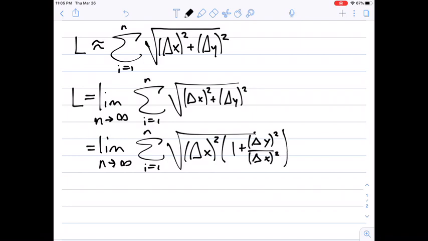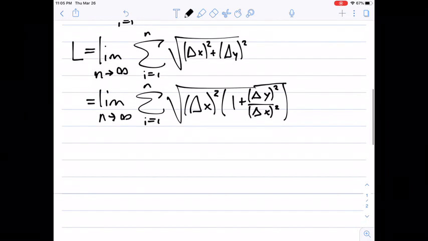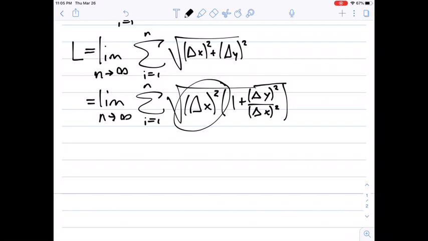And so it's definitely going to sort of look like we've made this a lot worse, but we wanted this term right here. We wanted that delta x squared term. Now we have it.